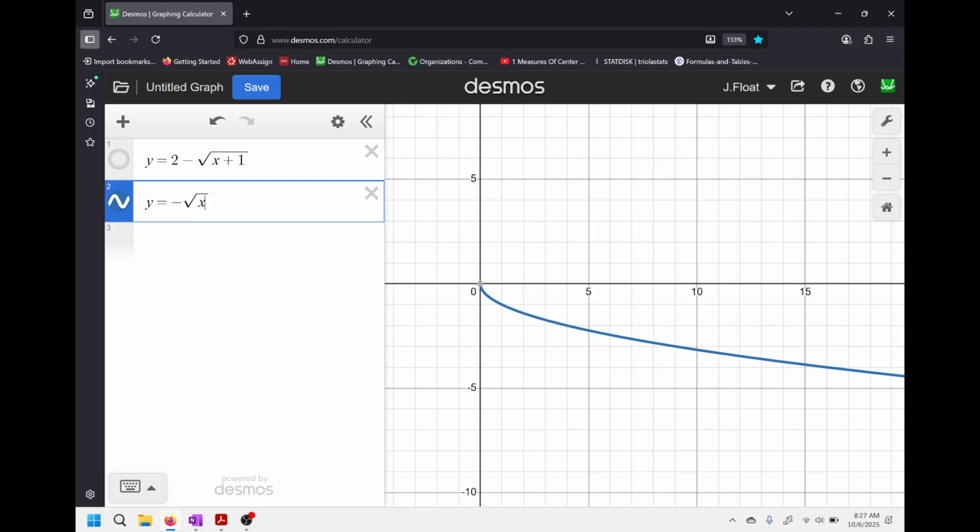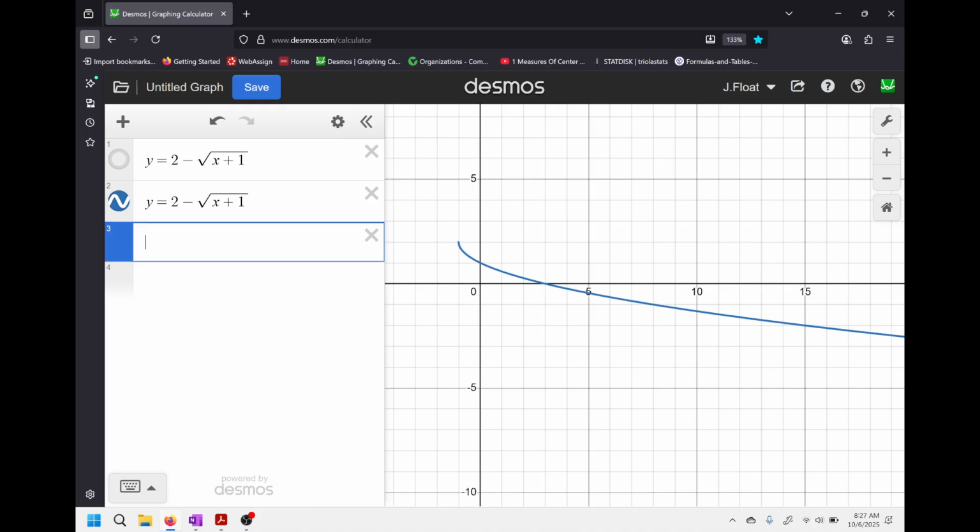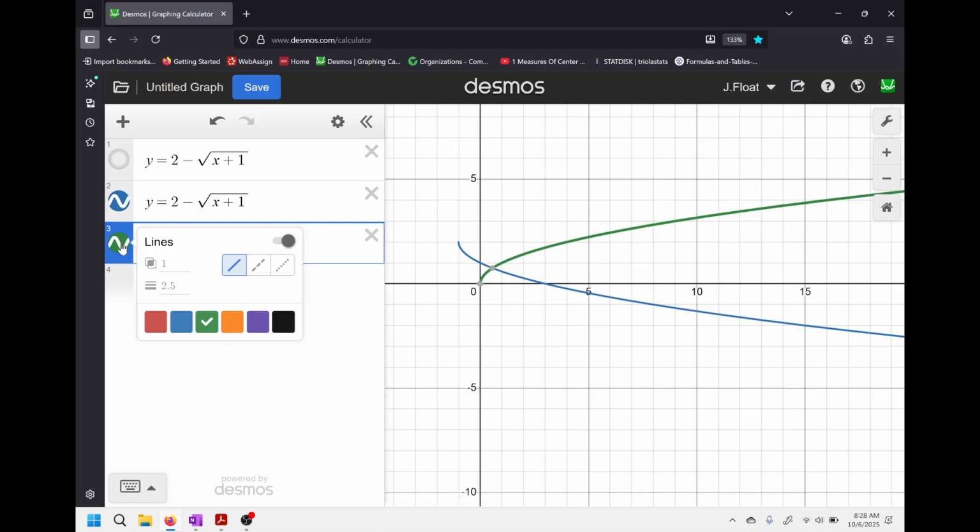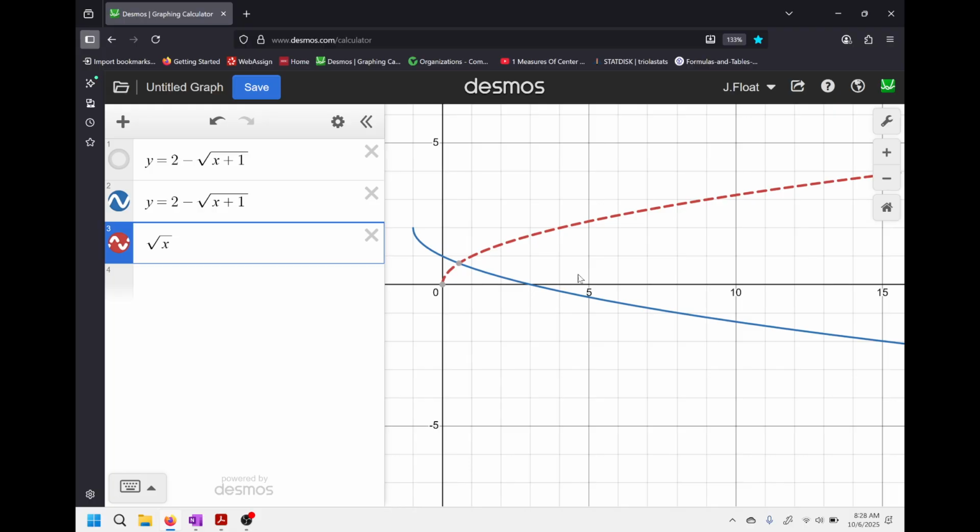Then we worry about translations, horizontal or vertical. So let's do the +1. And then finally, we'll put that 2 out front. And that's how we transformed the square root of x, which is in green, and I'll change this to red with little dots. So that's how we take the parent function and then translate it.